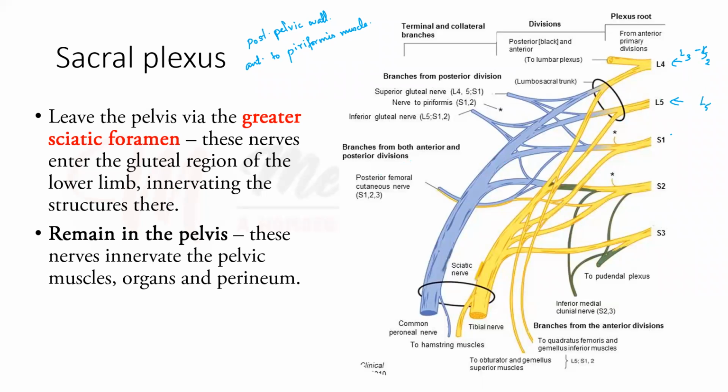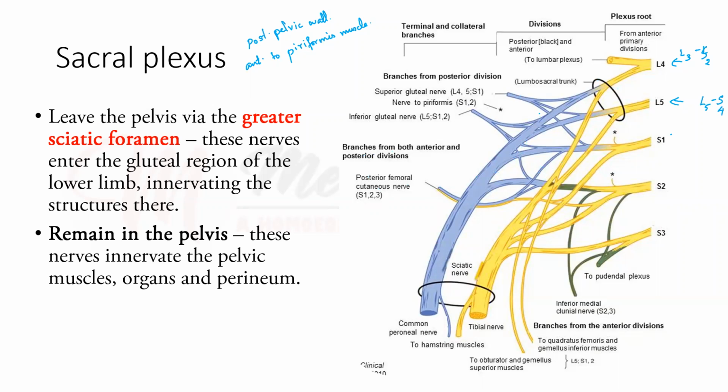That is L5 to S4. That is why in some books we can see that S4 is also involved in sacral plexus formation. The usual form is this one, L4 to S3. We'll deal only with the usual form.